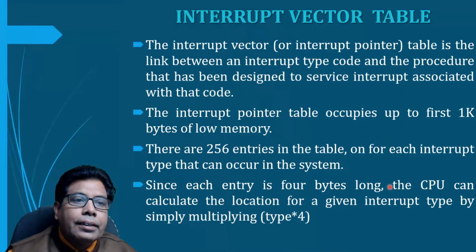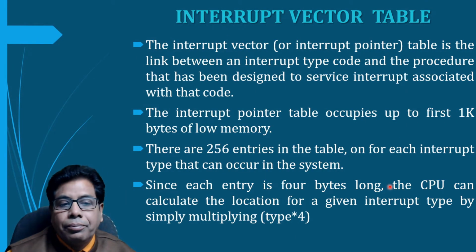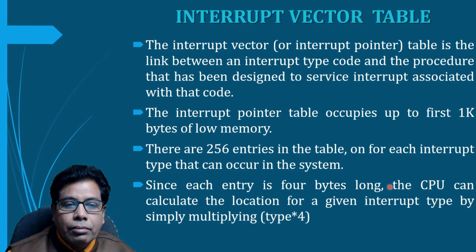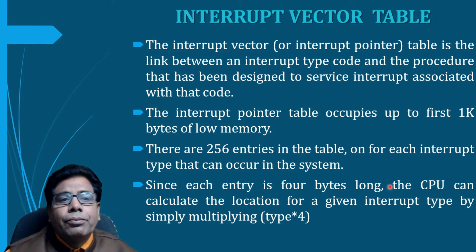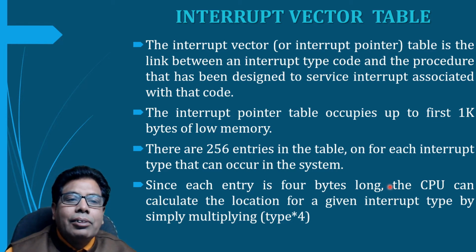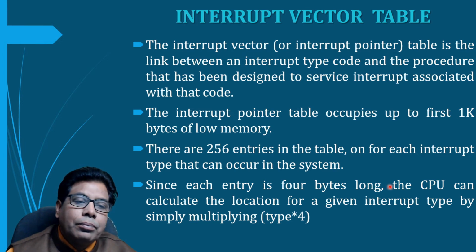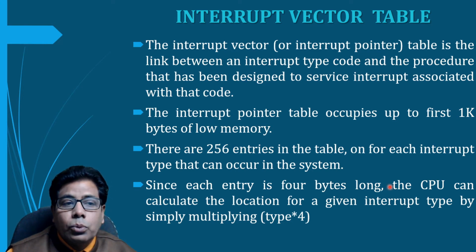Then let us go to the interrupt vector table. The interrupt vector or interrupt pointer table is actually the link between an interrupt type and the procedure that has been designed to service the interrupt associated with that.